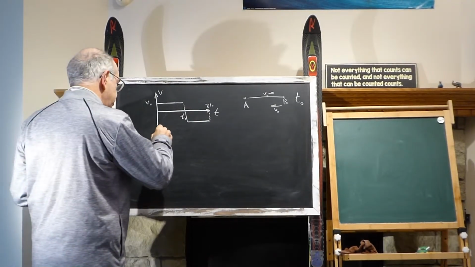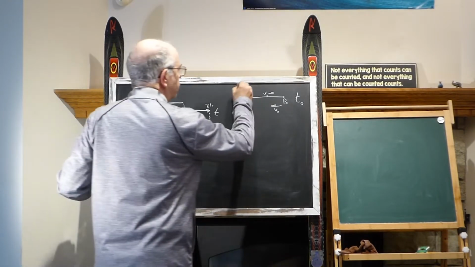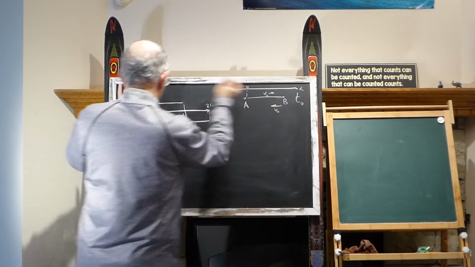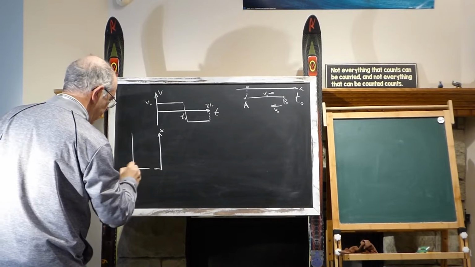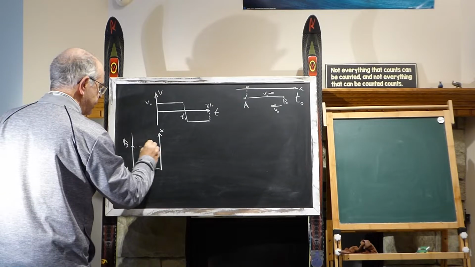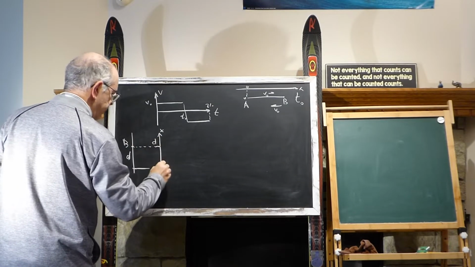So what happens with the x itself? If we put here the x and we say that this is 0 and we tilt it so it's easier for us to see, this would be A, this would be B, and this would be distance d. So this value is d.